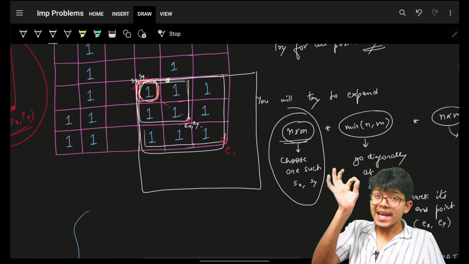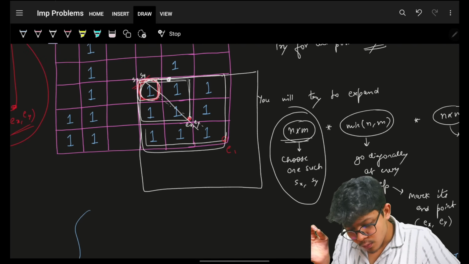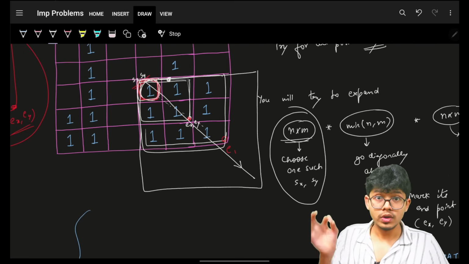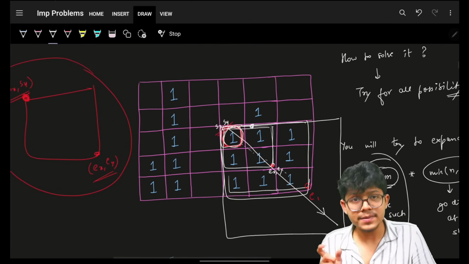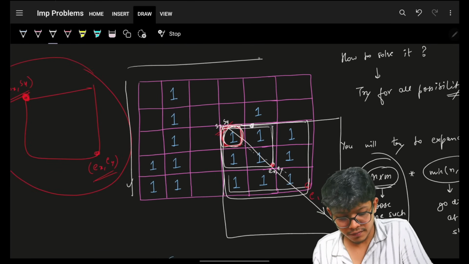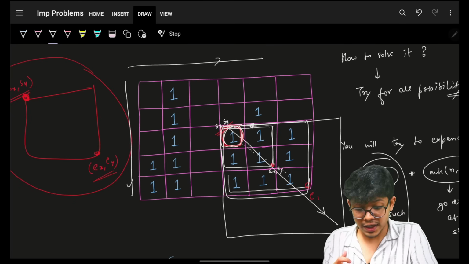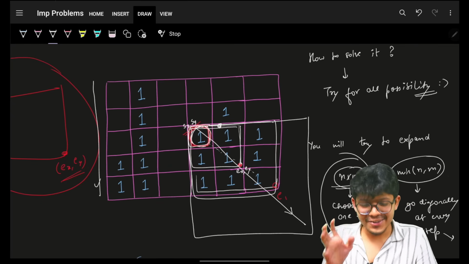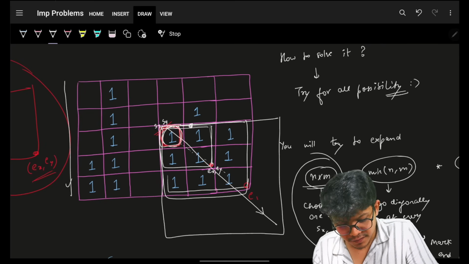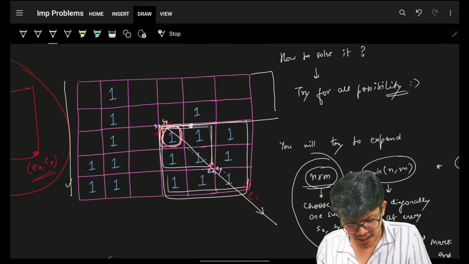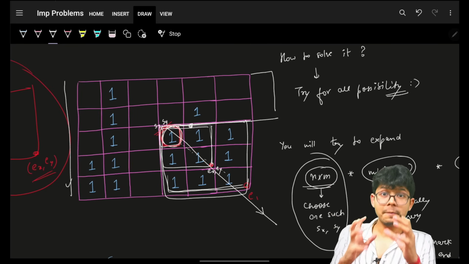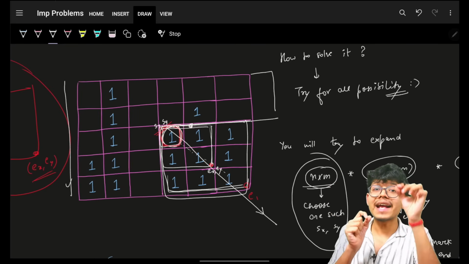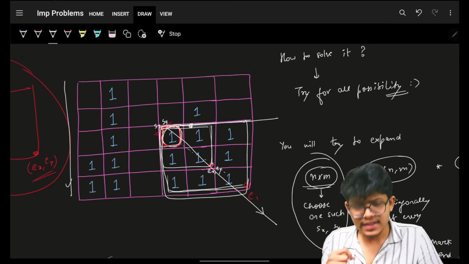Now if I choose any of the starting points, how many squares can I go diagonally? For sure, whichever is minimum, x or y. But why do you choose minimum? Because what if I had an extra y but no x? Still, my square would have been limited, because my square wants both x and y to be equal. That is the reason I take the minimum.